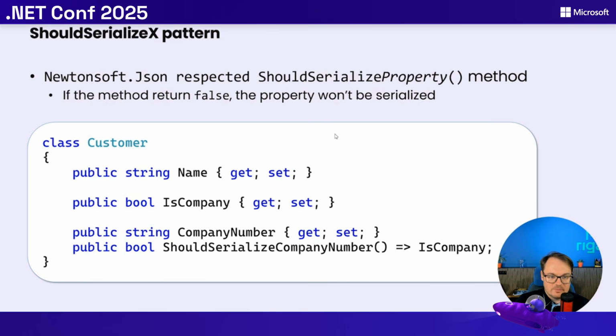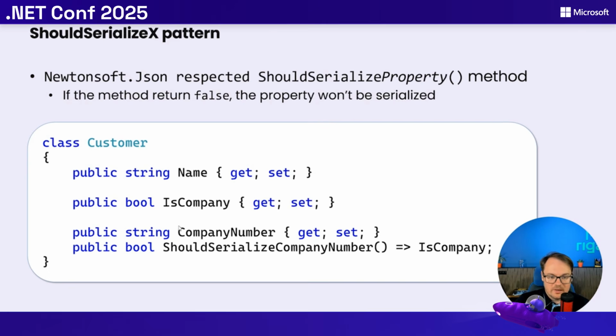So in this example, I have a customer who has some name and a flag if it's a company or a person. And if it's a company, I want to include also this company number property. So basically, this ShouldSerializeCompanyNumber function is true only if the customer is a company. So if it's just a normal person, only the name and IsCompany false would be present in the JSON.